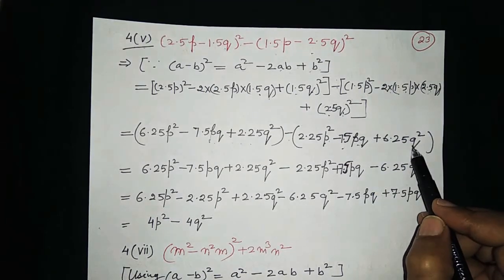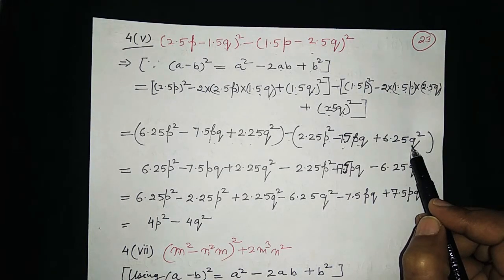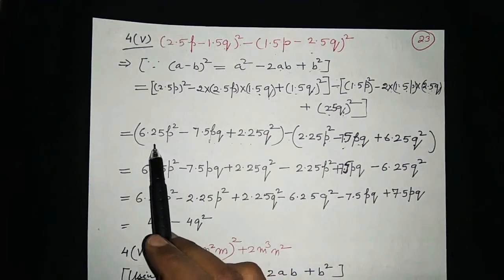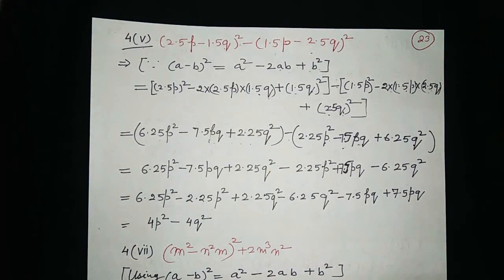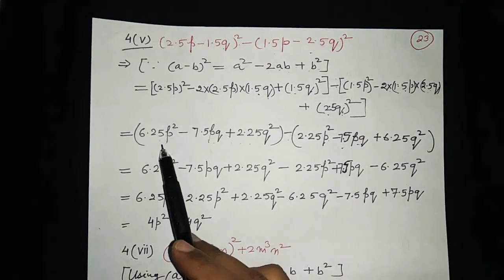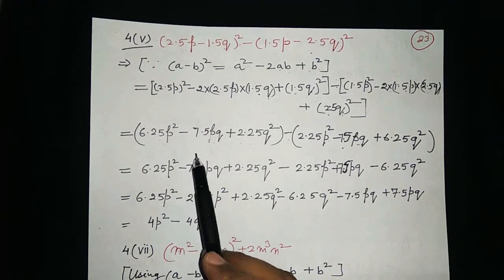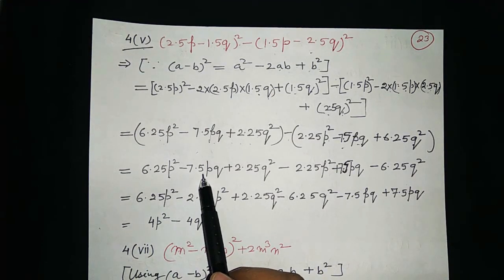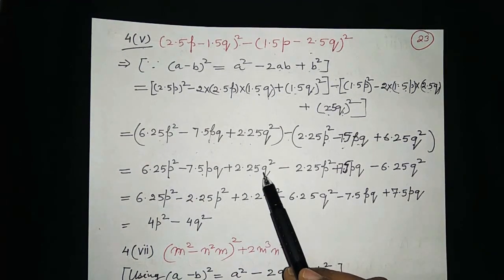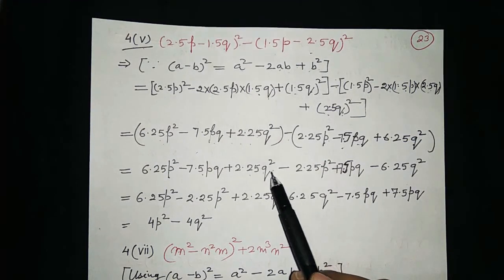We will write 6.25q square. Just like this term. Okay. Now we will solve the bracket. Here 6.25p square we will write. Then minus 7.5pq we will write. After this plus 2.25q square we will write.